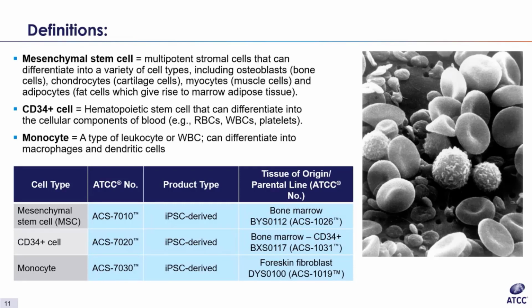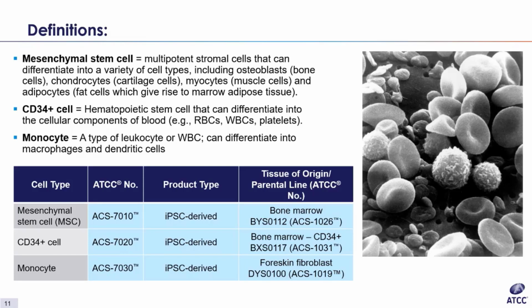To bring us all up to speed, I thought I'd go through some definitions. So let's start with mesenchymal stem cells, or MSCs. These are multipotent stromal cells that can differentiate into a variety of cell types, including osteoblasts, or bone cells, chondrocytes, or cartilage cells, myocytes, or muscle cells, and adipocytes, which are the fat cells that give rise to marrow adipose tissue.